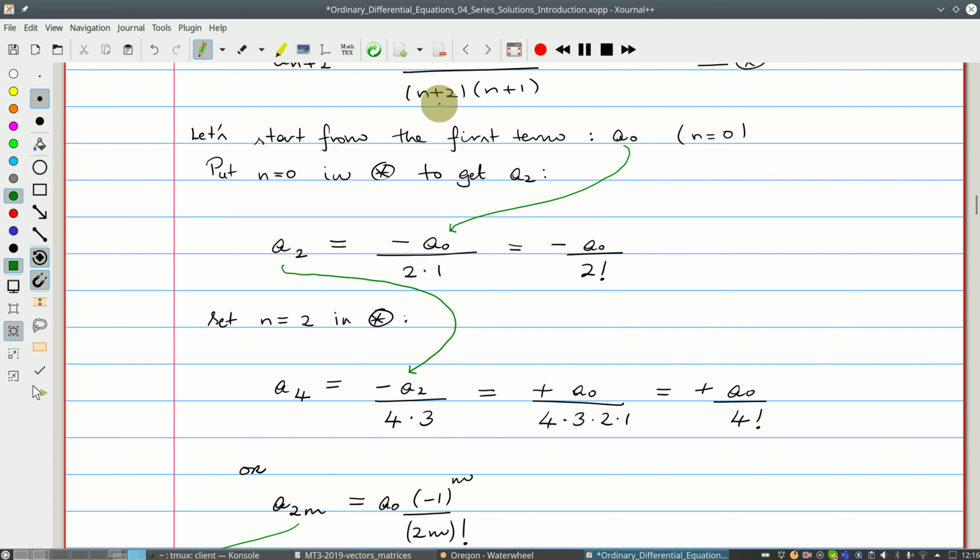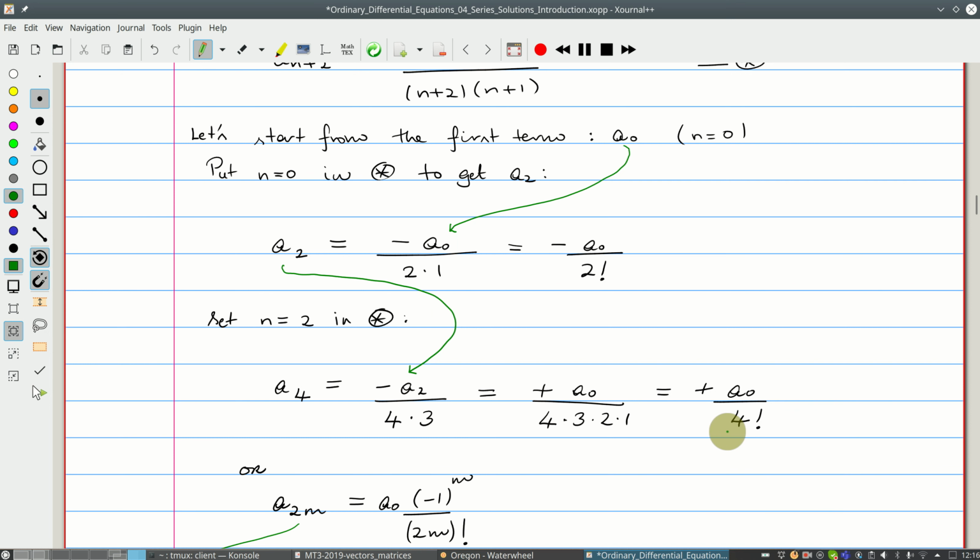That 4 times 3 comes in from these two factors in the denominator. And that's equal to, well, we know what a2 is. a2 is minus a0 divided by 2 factorial. So this gives us plus a0 divided by 4 times 3 times 2 times 1, which is plus a0 divided by 4 factorial.